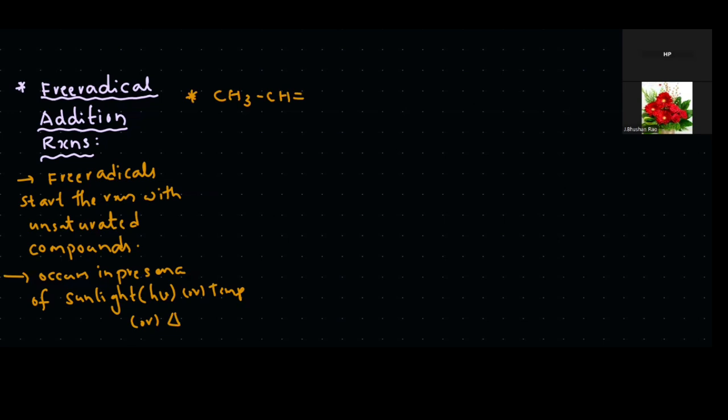When the propene molecule reacts with HBr in the presence of R2O2 and h nu, it occurs in the presence of sunlight, and peroxides are also important. In the presence of these conditions only, this free radical addition reaction takes place.